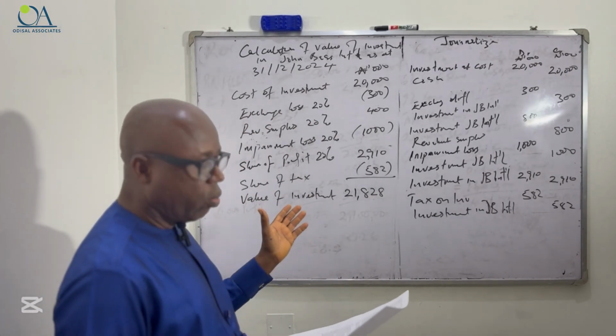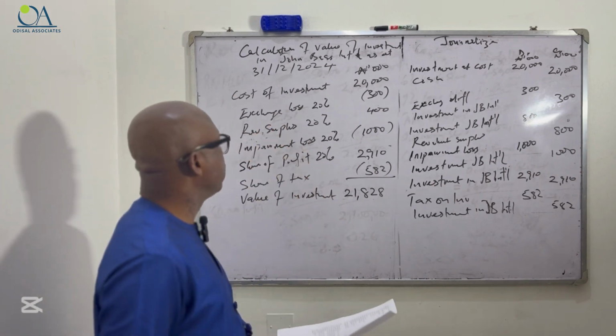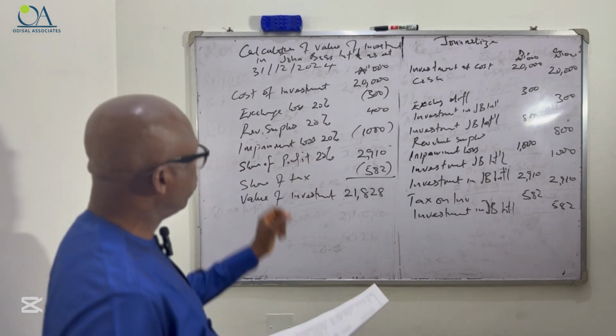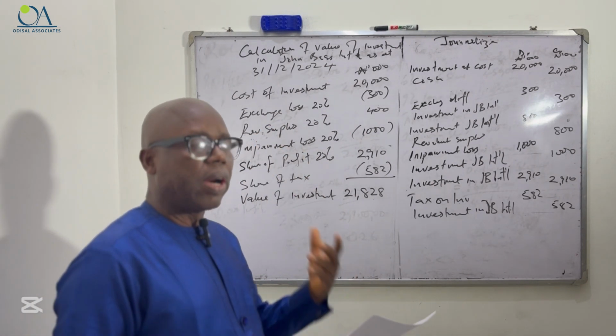So that's what we want to do. It's already on the board. They said we should use the equity method.